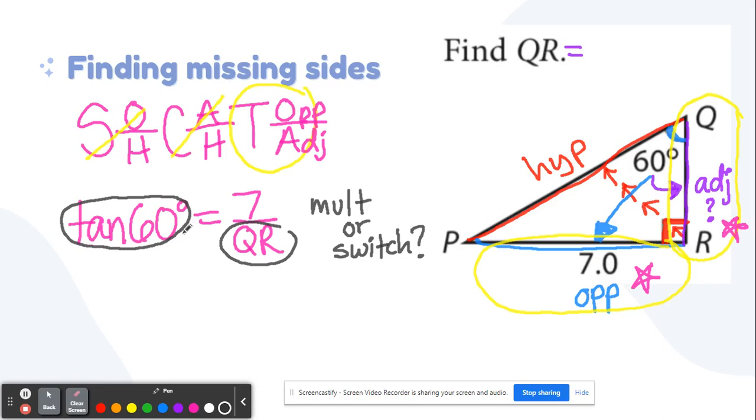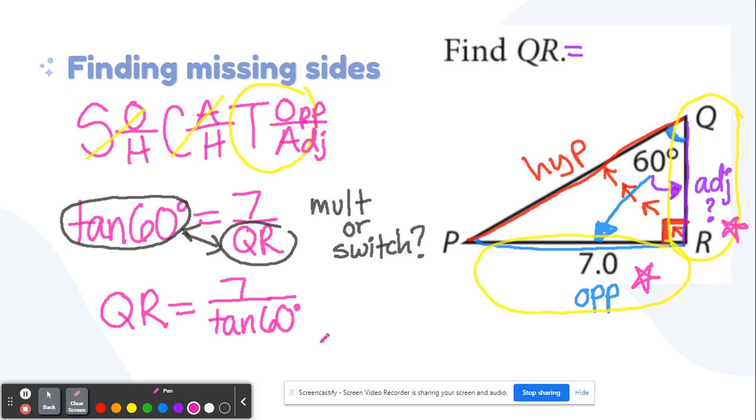You're just going to switch the position of QR and the position of tan 60. That is a quick little trick that you can do so you don't have to take a lot of steps to do what will end up being QR equals 7 divided by tan 60 degrees.